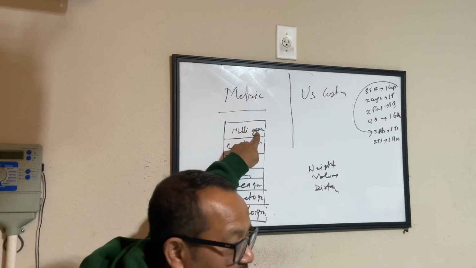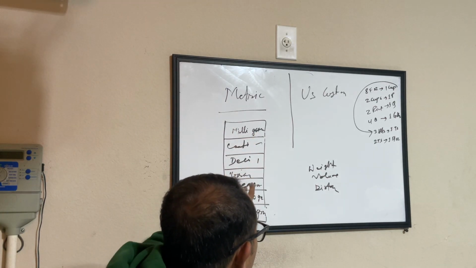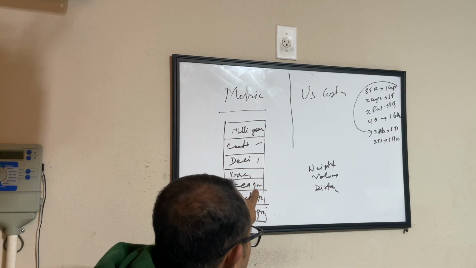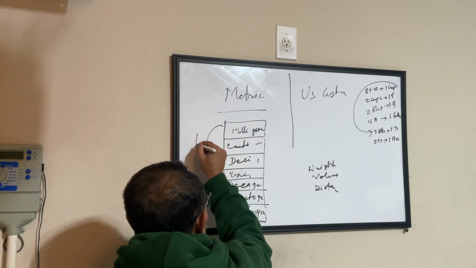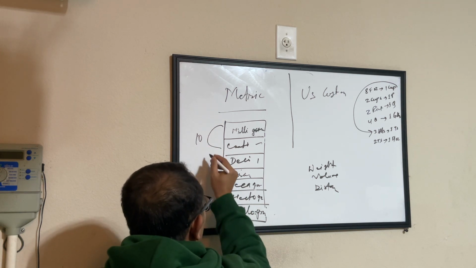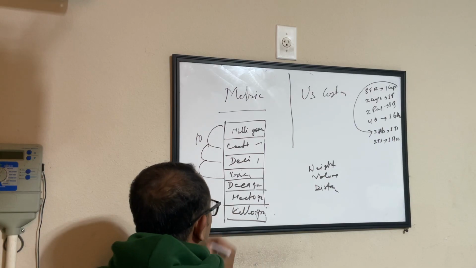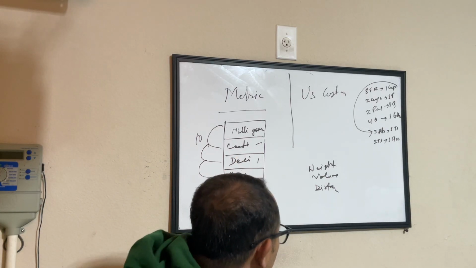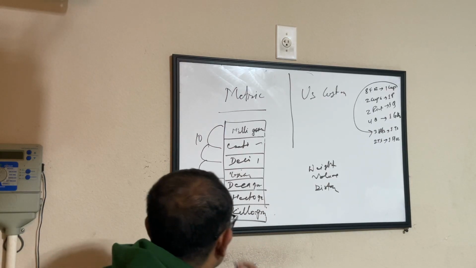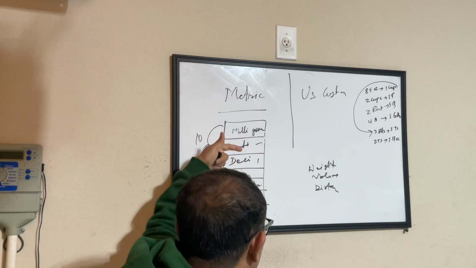Millimeter became milligram, centimeter became centigram, decimeter became decigram, meter became gram, decagram, hectogram, kilogram. And every unit is 10 times. So 10 times of milligram becomes centigram, 10 of that becomes deci, 10 of that becomes gram or meter, whichever unit you are trying to measure. So every unit is 10 times the previous one.